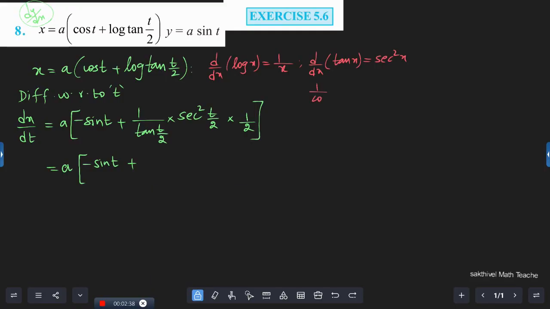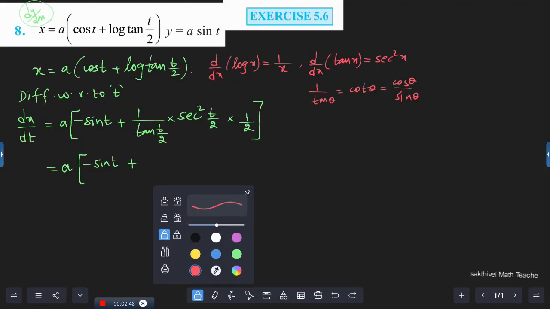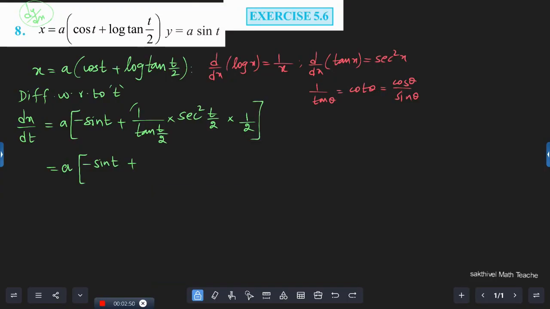1 by tan theta is equal to cot theta, and cot theta is equal to cos theta divided by sin theta. So directly I can write this 1 by tan in the form of cos by sin. Cos theta means here cos t by 2, divided by sin t by 2, into secant.